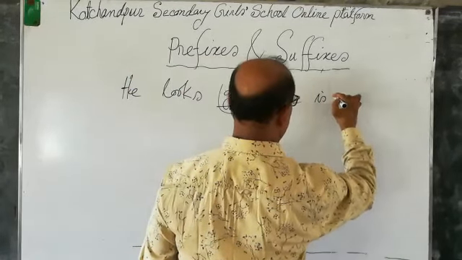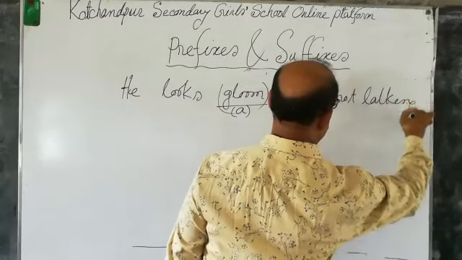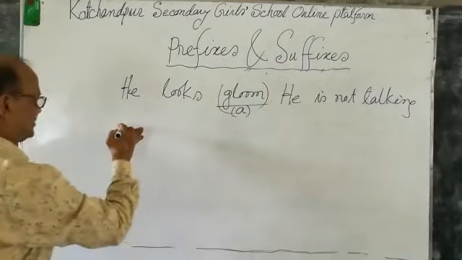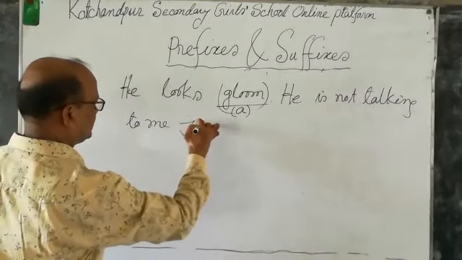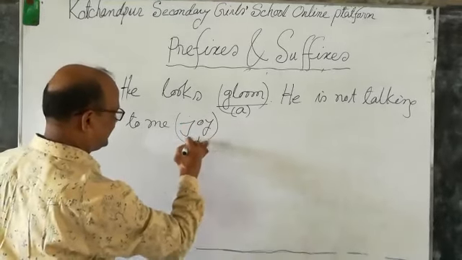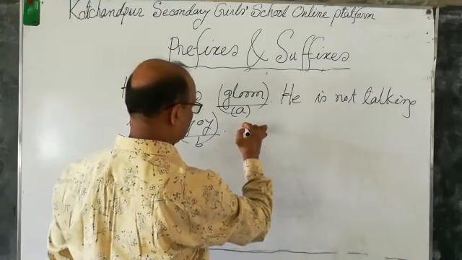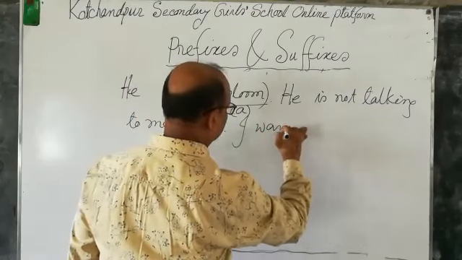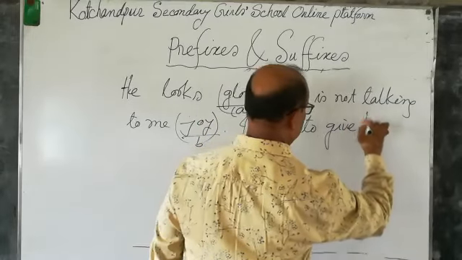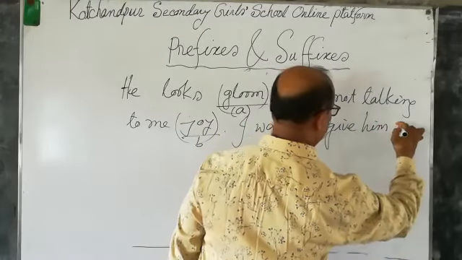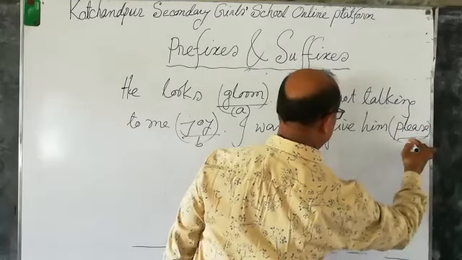He is not talking to me. Joy will be me. I want to give him please. It will be C.